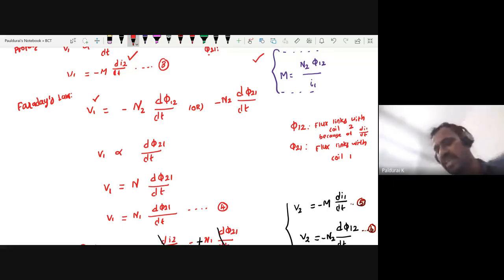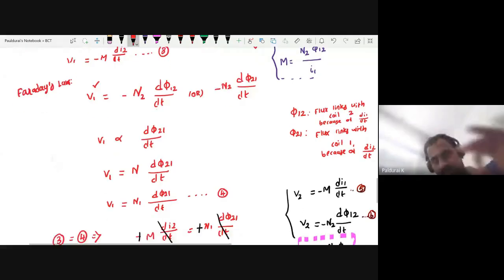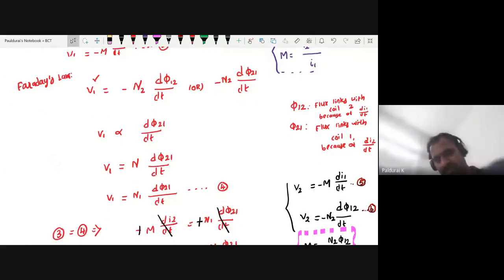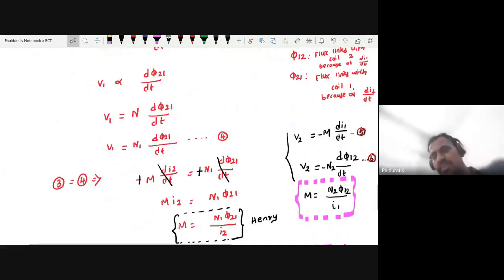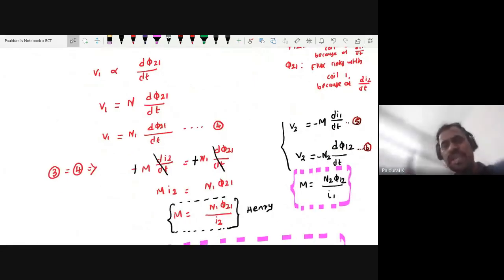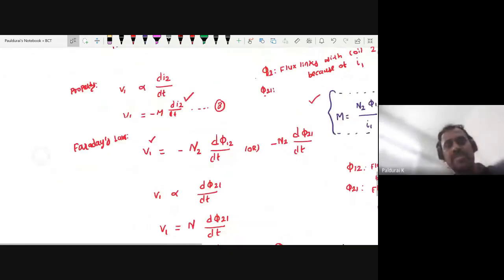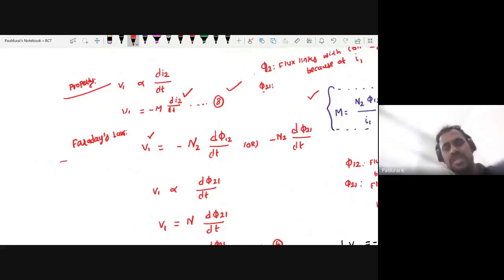In simple words, I can write. So here φ21 flux links with coil 1, because of di2 by dt, the rate of change of current which is flowing through coil 2. Equation number 3, 4. Now equate 3, 4, you will get this one. Then write equation number 5 and 6. So one equation from basic property, another equation from Faraday law. By using basic property, we develop equation number 3. By using Faraday law, we develop equation number 4. Okay. Just to be clear.